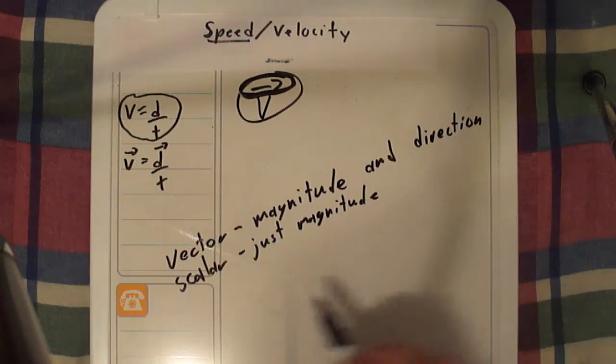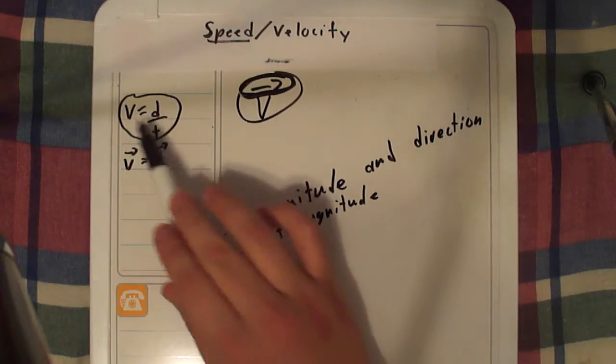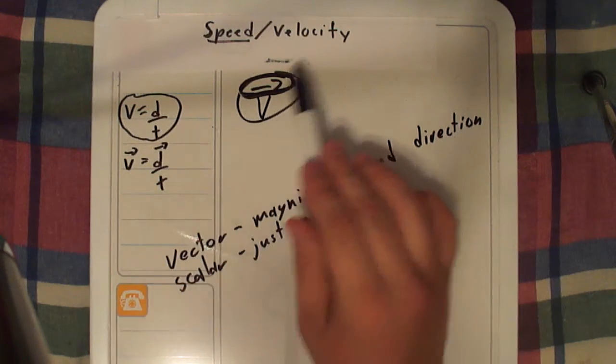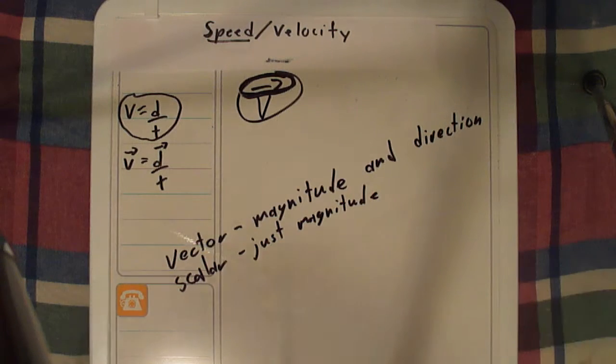So when you look at your car, you're only going to get speed. You're not going to get velocity. If you are in a car going 40 kilometers an hour north, that is a velocity. If you just know you're going 40 kilometers an hour, that's speed.